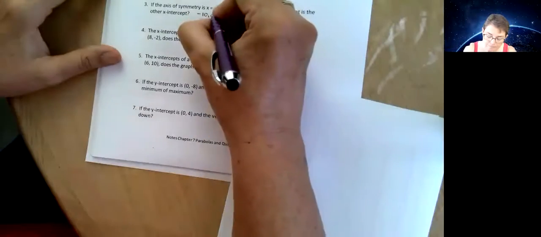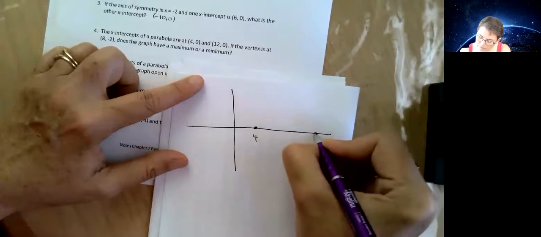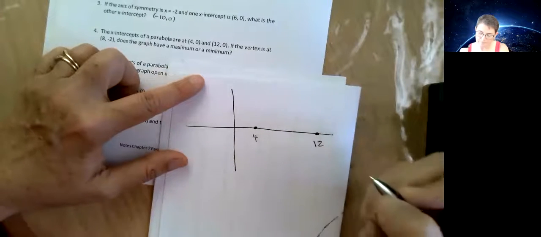Next one. Oh, look at all those points. I don't know what that means. So let's just draw them. The x-intercepts are at 4 and 12.